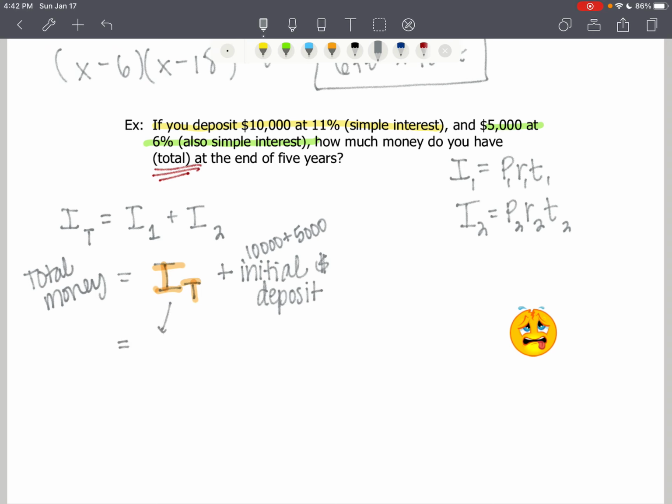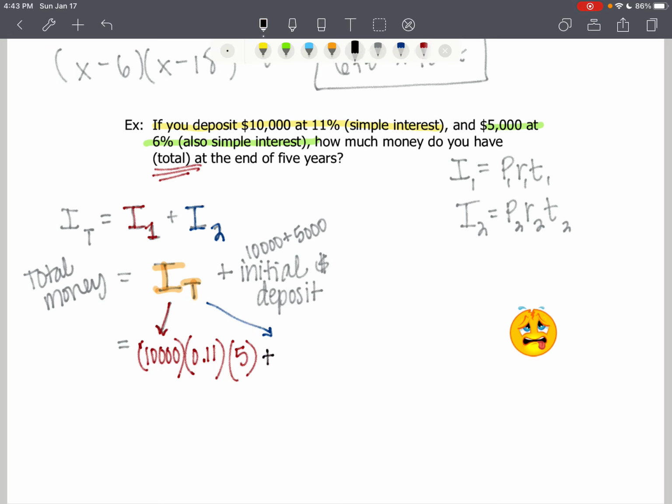So we've got two interests. We've got interest 1. I'm going to do this in color. So I've got interest 1, and then I'm going to have interest 2. So interest 1 is going to be our principal, which is $10,000, times the rate, which is 11%, times the time in years, which is 5 years.